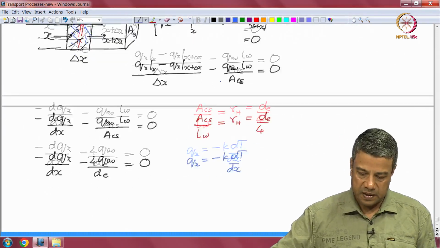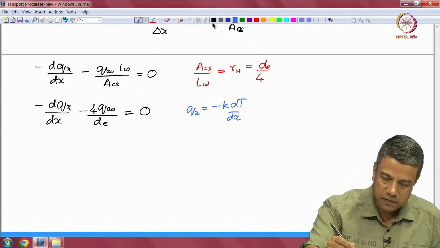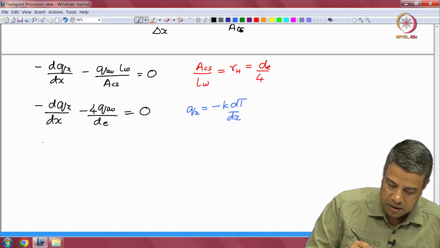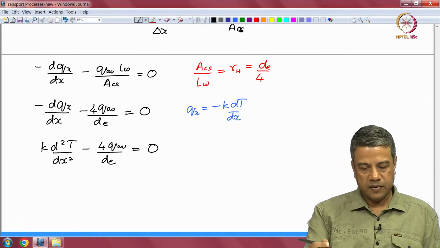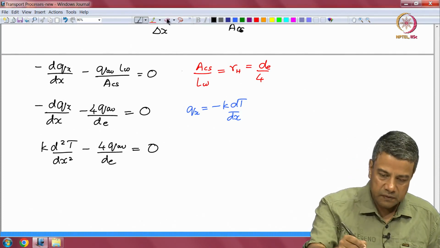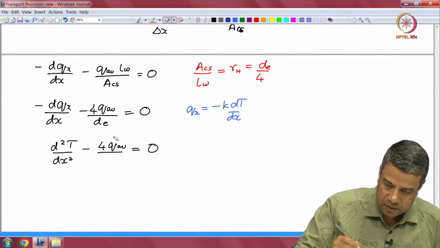So, substitute Fourier's law for heat conduction and you will get k d square T by dx square minus 4 q average by dE is equal to 0. And I can divide throughout by the thermal conductivity.